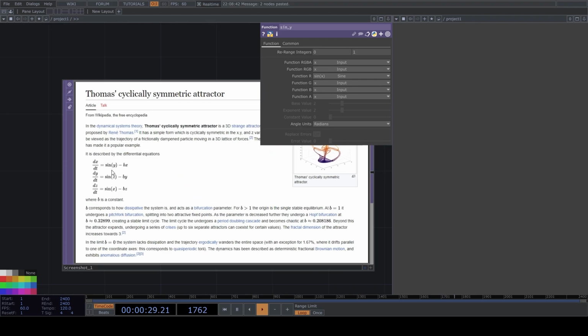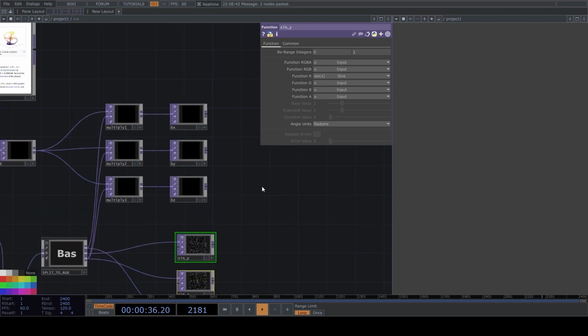For example, here sine of y minus b multiplied by x.